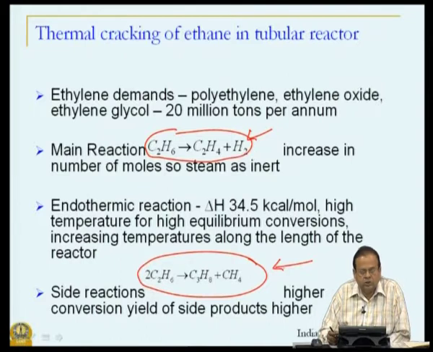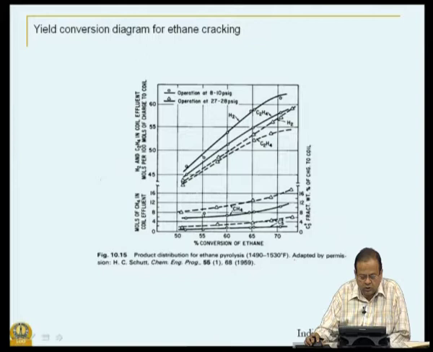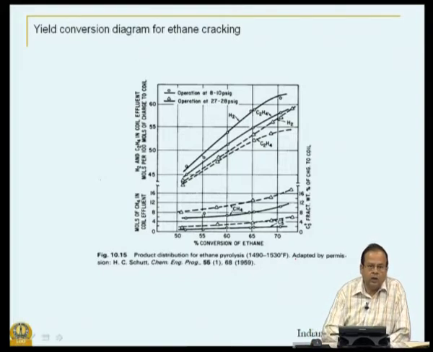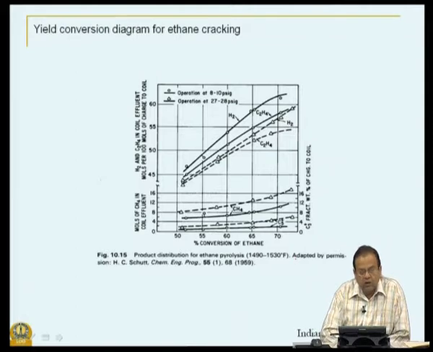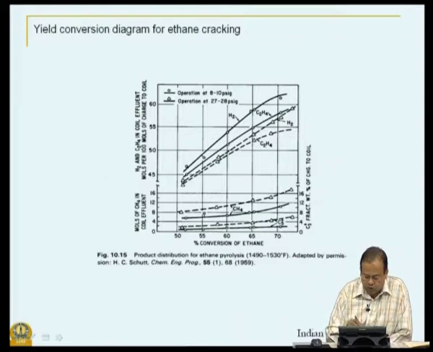The point is that these reactions dominate at higher conversions. So, as our conversion increases, the side products also go on increasing, and this is shown in what we had earlier referred to as the yield versus conversion diagram.